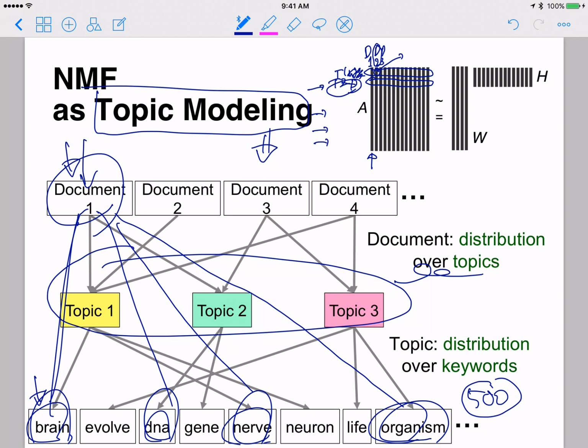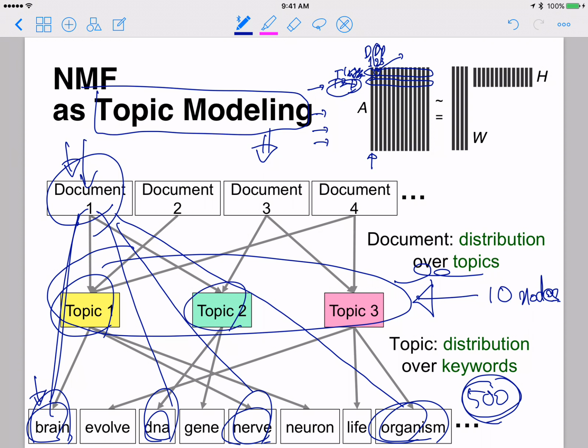Topic modeling can be viewed as a process of generating this intermediate layer, which has a much smaller number of nodes compared to 500. For example, suppose we use 10 different nodes in the intermediate layer.